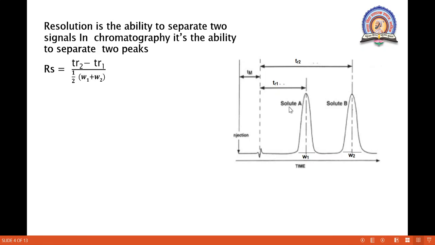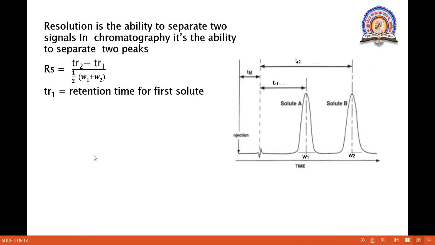Here this is solute A and this one is solute B. This part from this point to this is called the retention time for solute 1, while this one is the retention time for solute 2. And this Tm is the dead time, and the width is nothing but the width of solute 1 and this one is the width of solute 2.